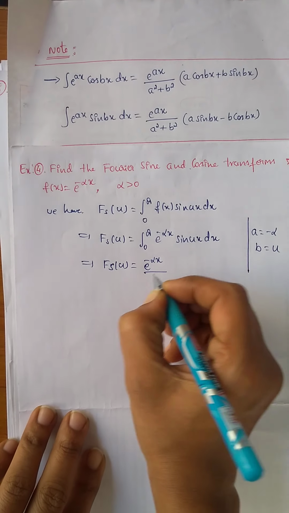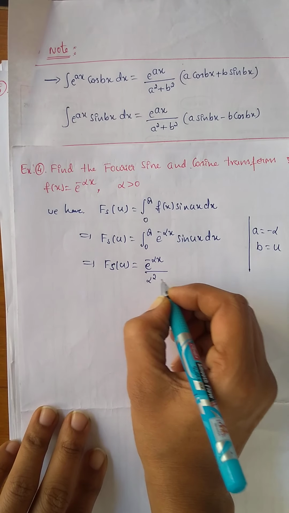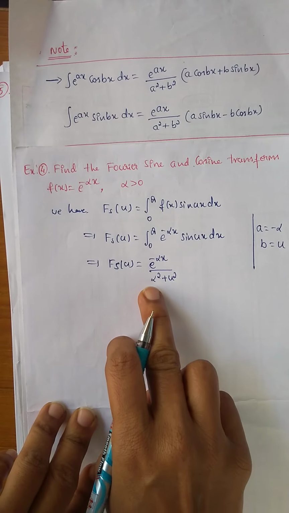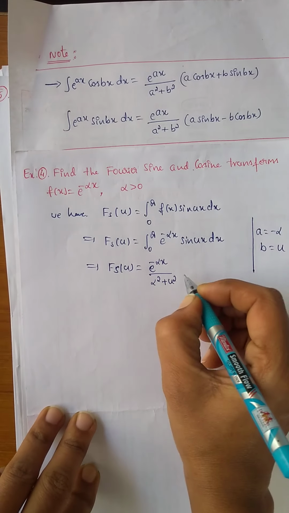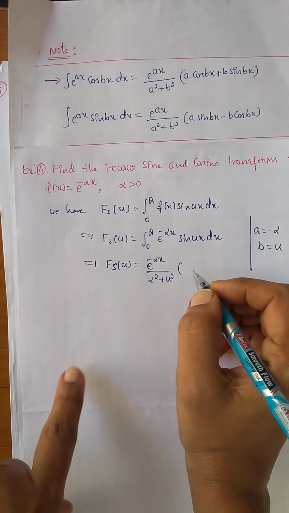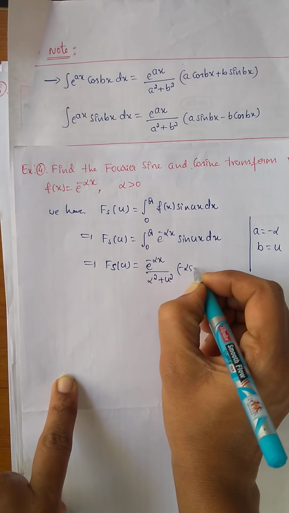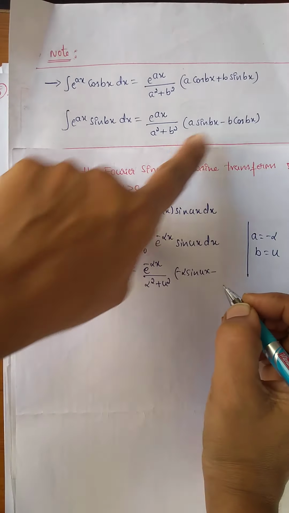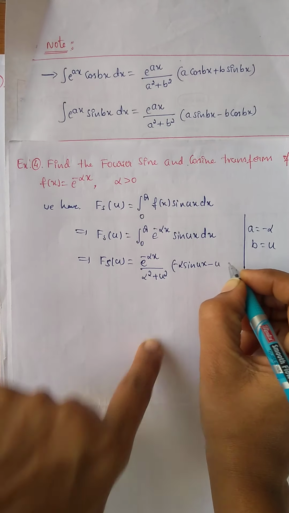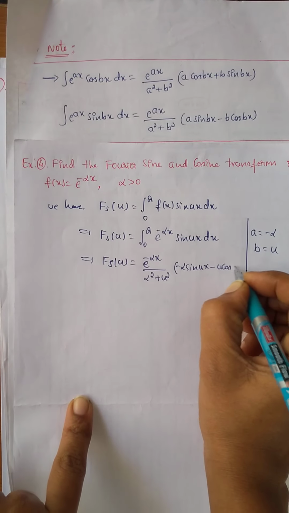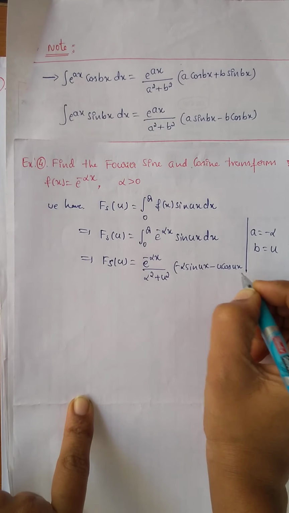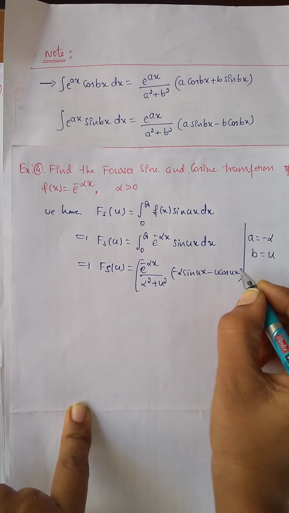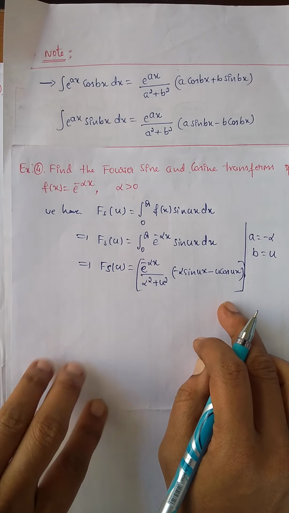A square means minus alpha squared, which gives plus alpha square, plus u square. The numerator is a sin bx, that is minus alpha sin ux, minus b cos bx, that is minus u cos ux. This is the integration of this term. So using the standard integration formula, we get this type of answer.